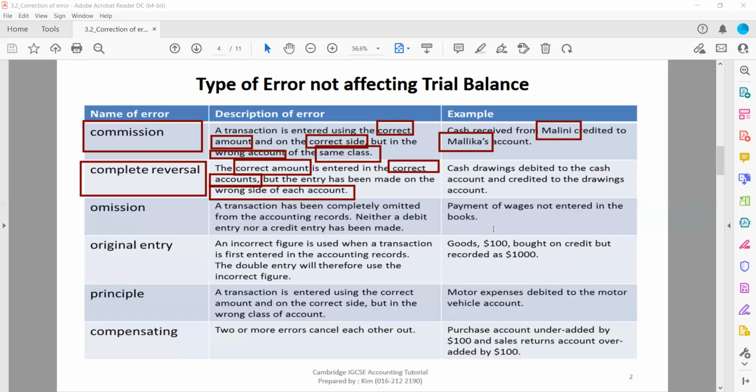By right, when we take cash drawing, we should debit drawing and credit cash. But we make a mistake. We debit cash and credit drawing. So this is wrong. By right it should be debit drawing and credit cash. That is called complete reversal.